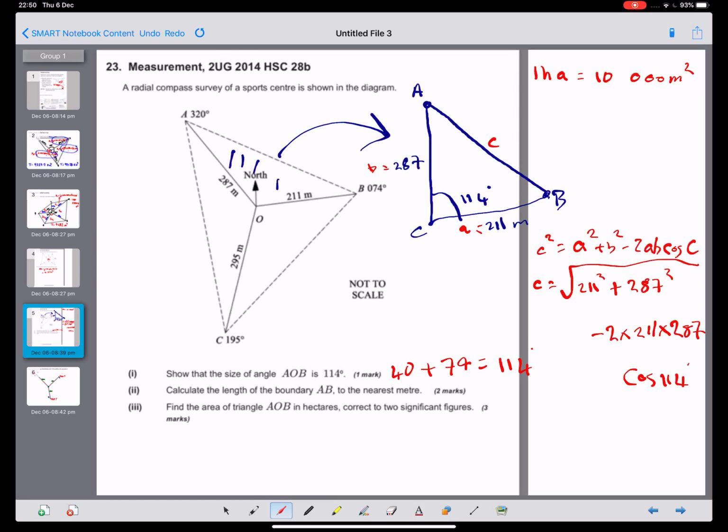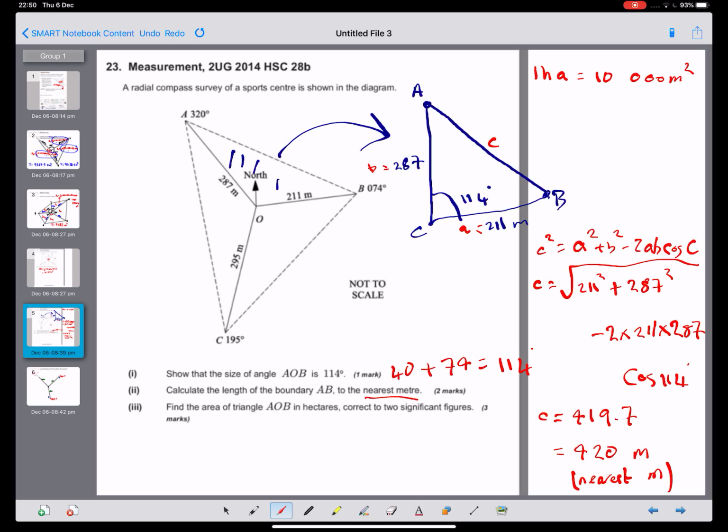Okay, still under the square root. So you should get C as 419.7 to the nearest meter. So we're going to write 420 meters to the nearest meter. Okay.